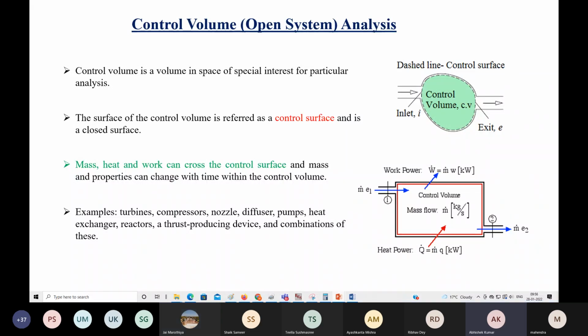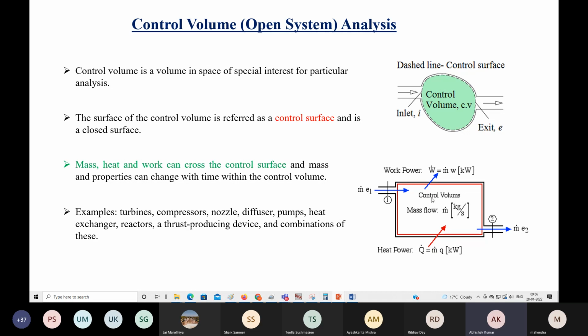That is the scenario when you consider the total engine as the control volume. Instead of particular components, you have to consider the total system, the total engine, as your area of study. Yes, exactly.